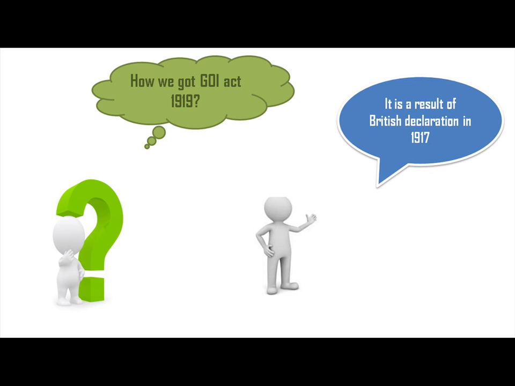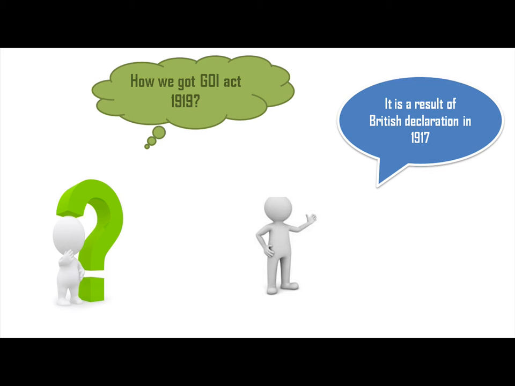So what is this British Declaration? When did we get this declaration? Let us see the story behind this. On August 20th, 1917, the British government in London made a declaration.